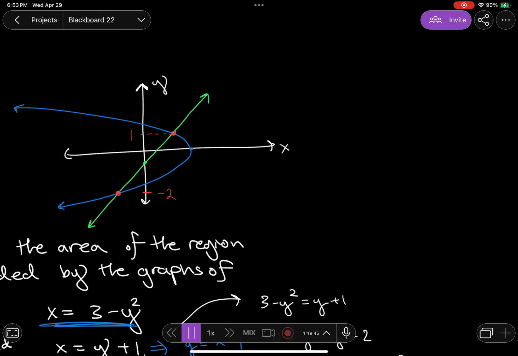Okay, and what I want to do in this case is find this yellow area. But to set this up properly, notice that if I want that yellow area, I have to set up an integral with respect to y. So really behind the scenes, what we are literally doing is stacking up flat rectangles.